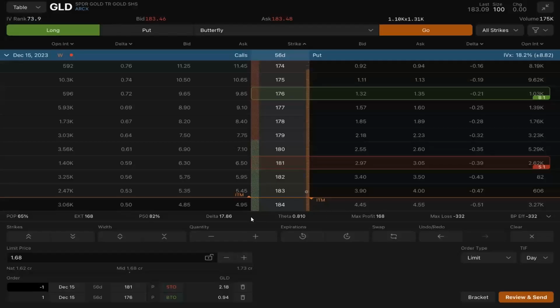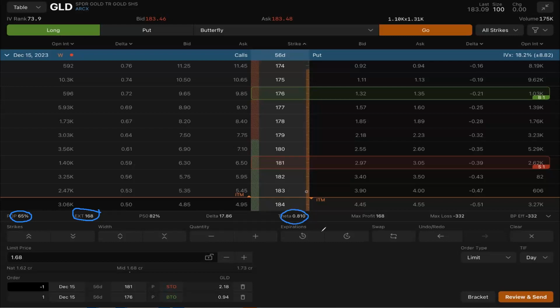So this is where adjusting your strikes can make the difference. You can see on this example, I had to move this up to the 39 strike, or the 39 delta. You can see it's still 5 wide, but moving it to the 39 delta, we still have a 65% probability of profit, 168 on our extrinsic value, and 0.81 on our theta.